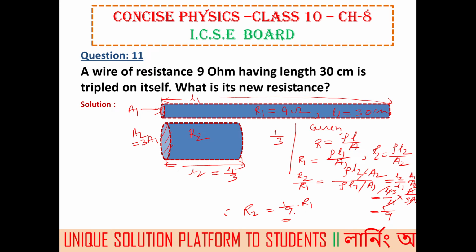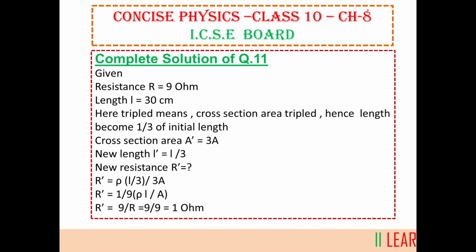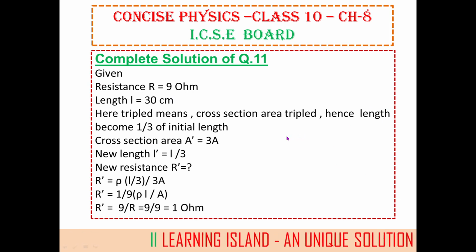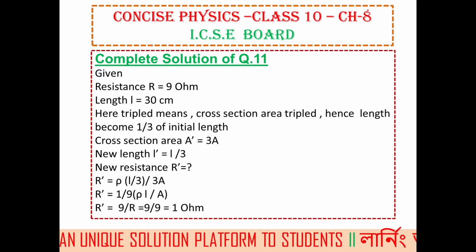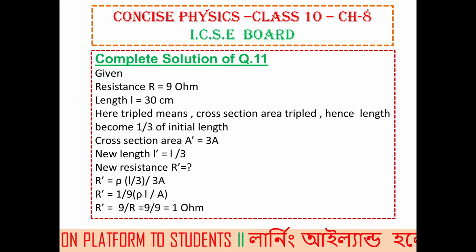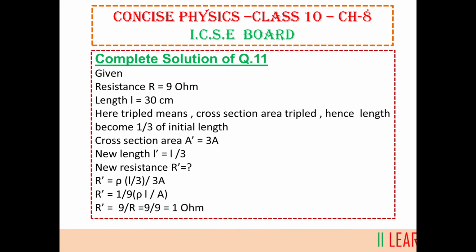Again R1 is given here, 9 ohm. So the final answer is coming 1 ohm. So hope you are clear. Now this is the complete solution. Hope you will get it. So pause the video and write it down. Now let us go to the next question.